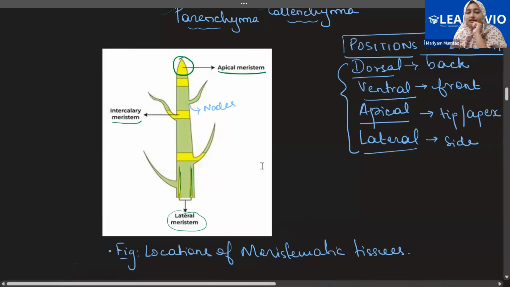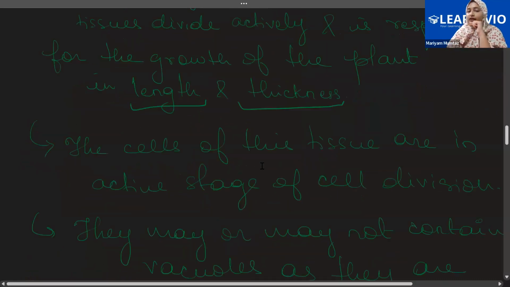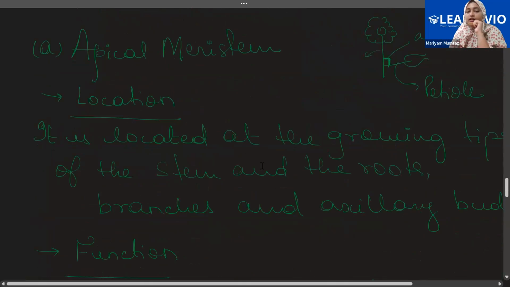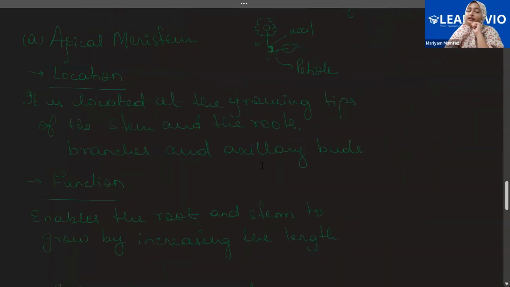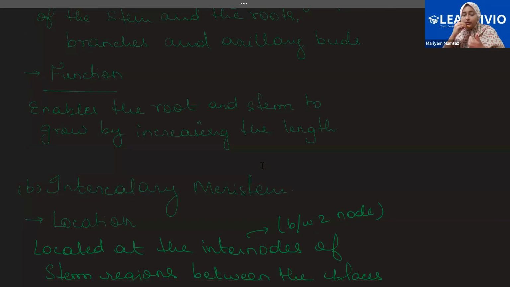Now let us quickly see the functions. In terms of location, you already know. Now the function. If we are talking about the apical meristem, we know that they are present at the apex position. Now apex of what? Apex of root and apex of shoot. So wherever apical meristem is present, the cells will be constantly dividing.